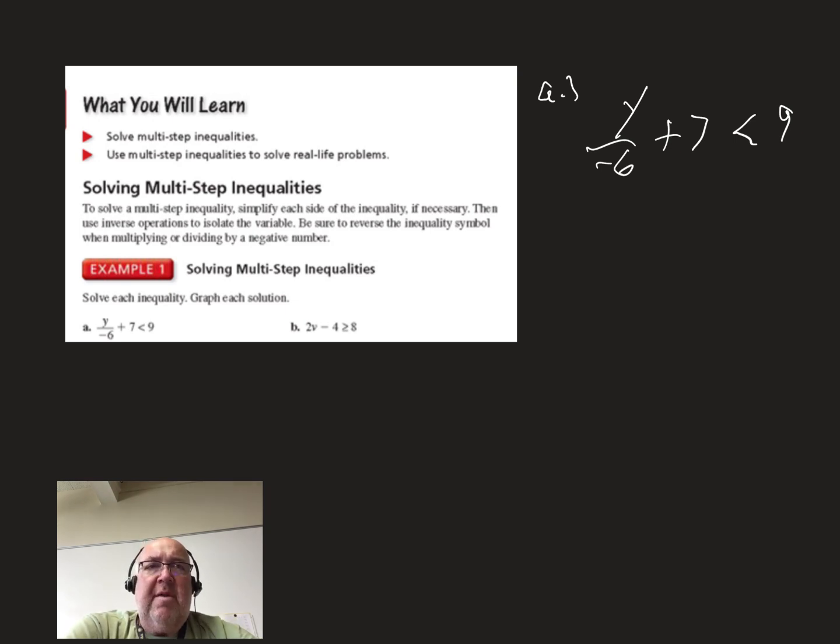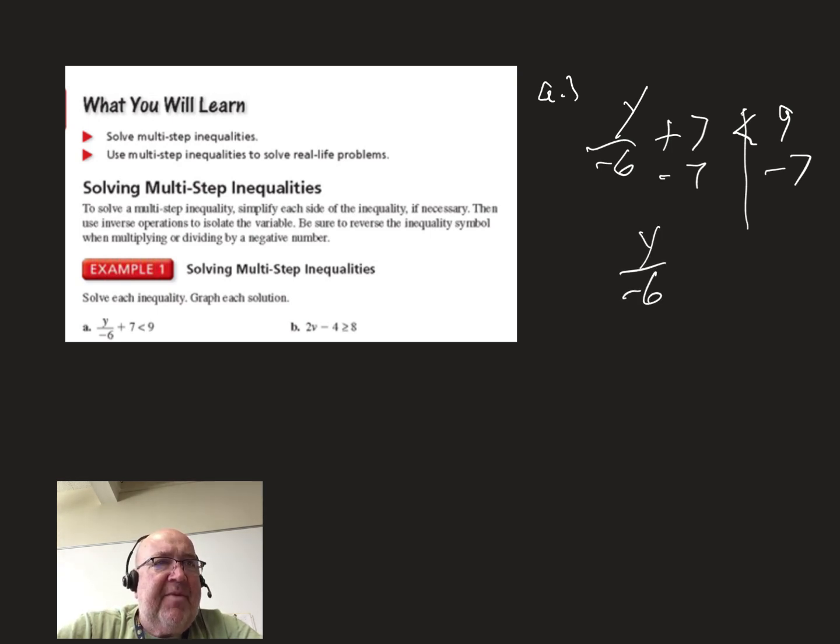So we want to work backwards from PEMDAS, meaning that we want to do addition or subtraction first. On the left side it's adding 7, so we're going to subtract 7 from both sides, and we're going to get y divided by -6 is less than 2. Okay, so -6 is dividing right now.